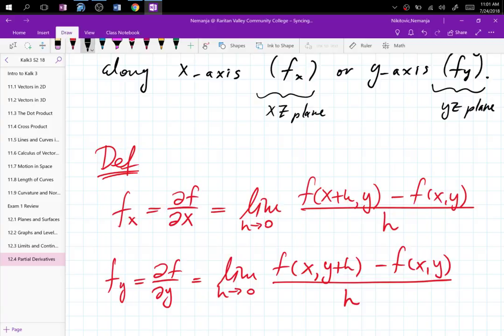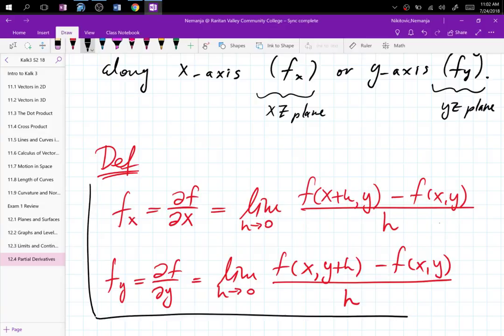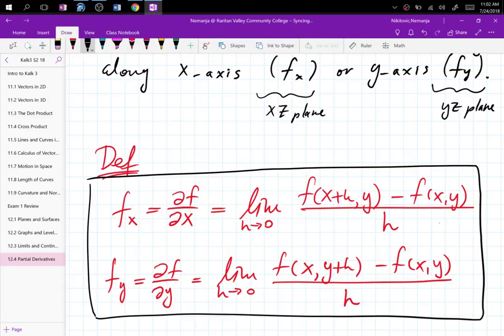So these are the limit definitions of the derivative for partial derivatives. And to derive these, you would do exactly what was done in calculus 1. Except every time you write f of x, you have to write f of x comma y, and then it's plus h and all of that stuff.